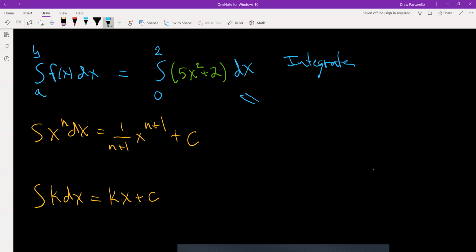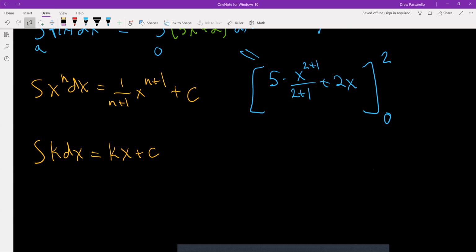So if I factor out 5 and focus on integrating x squared, that's going to be 5 times x to the 2 plus 1, so x cubed, divided by 2 plus 1. That takes care of the x squared. Then integrating 2, that's a constant, so it becomes 2x. I put the brackets because we're dealing with a definite integral going from 0 to 2. So we have 5/3 x cubed plus 2x.